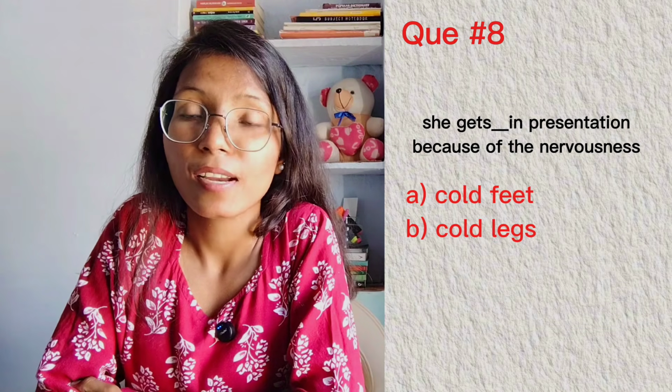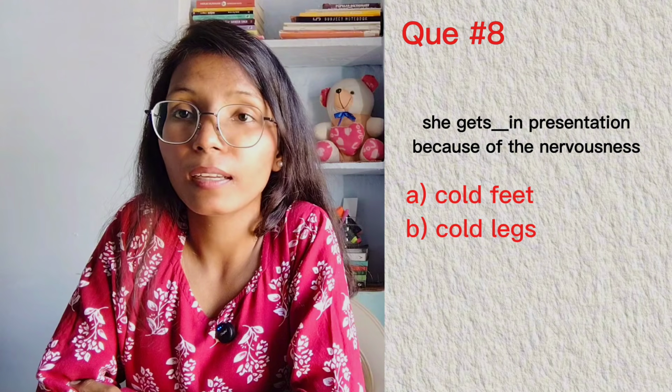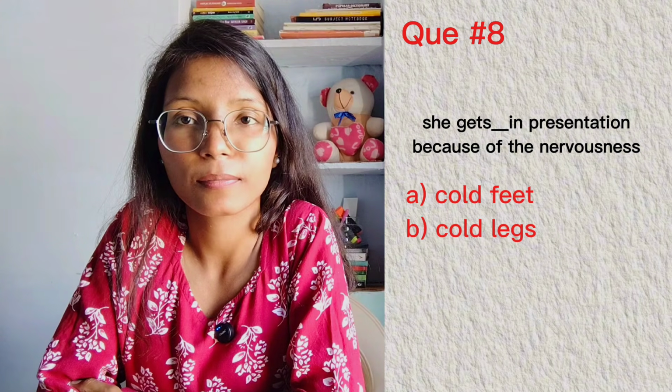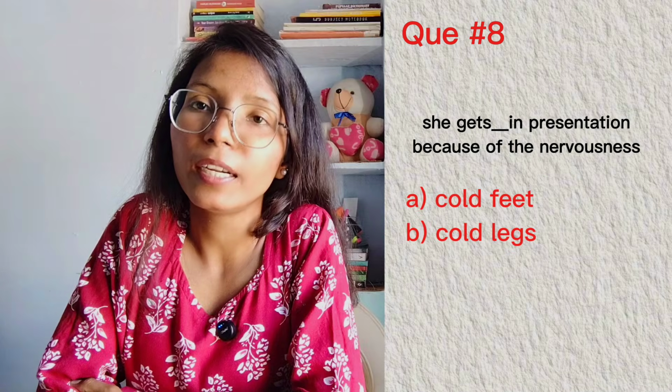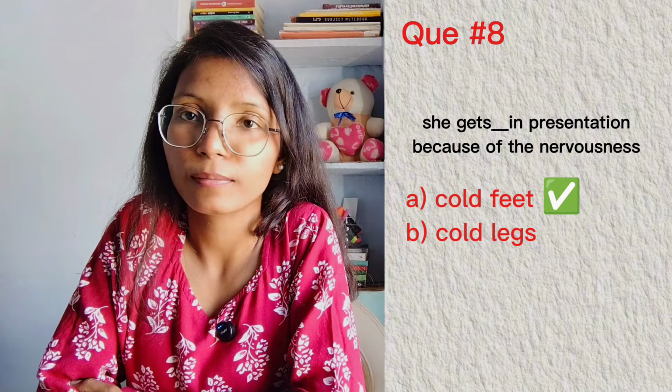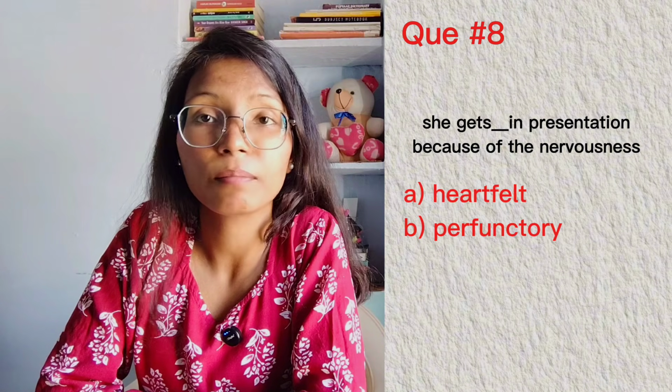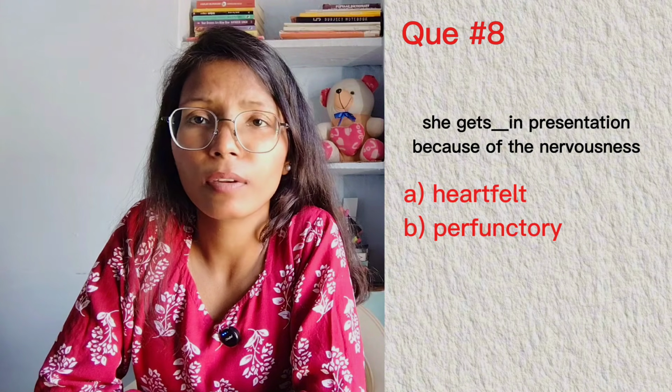Question number 8. She gets blank in presentation because of the nervousness. The correct answer is cold feet. Question number 9. His sorry sounded blank as if he didn't mean it.